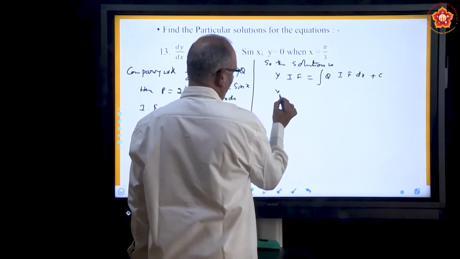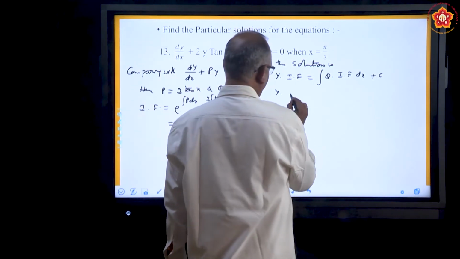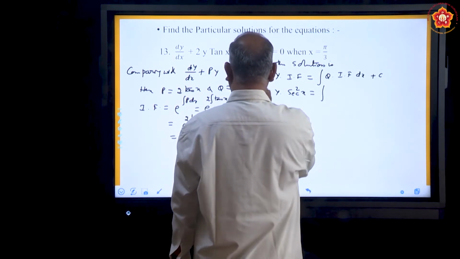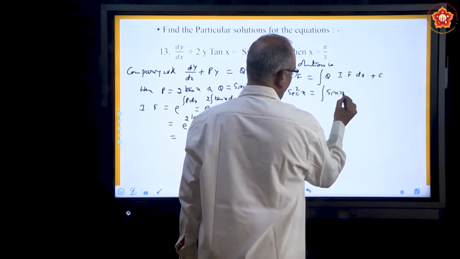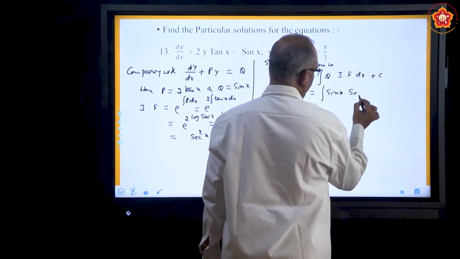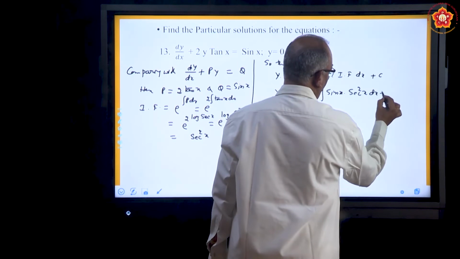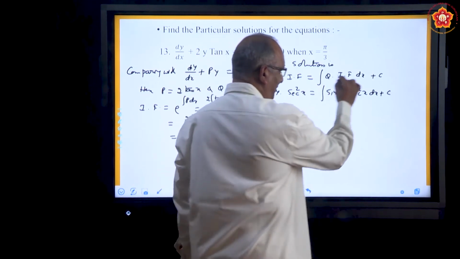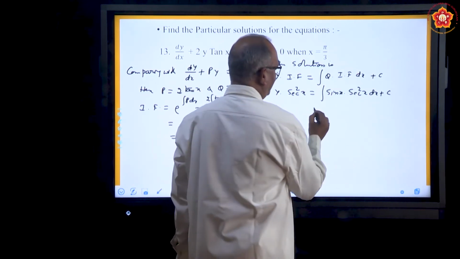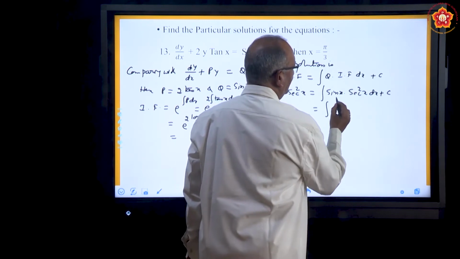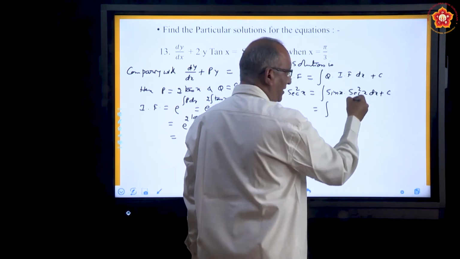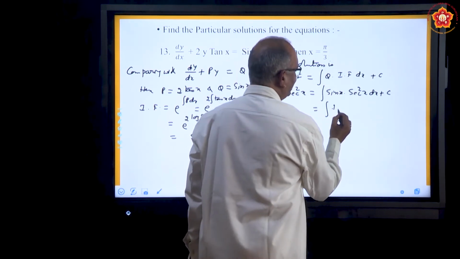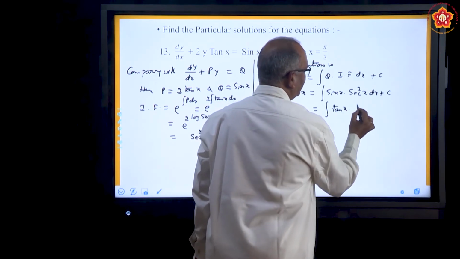Substitute the values: y into integration factor sec square x equals the integral of q, what is q here? sin x, into sec square x dx plus c. We only have to integrate that part. Try to write it in a way that you know the integral. This can be written as the integral of sin x, and sec square x can be written as 1 by cos square x. So, one cos x can be taken as the denominator of sin x, which will become tan x, and the other can be the same, sec x.